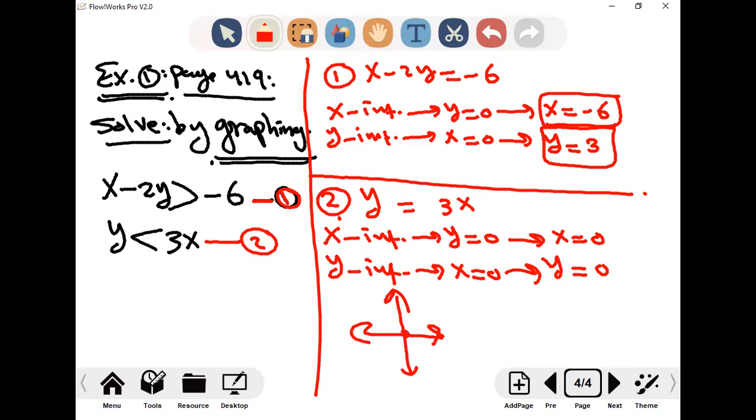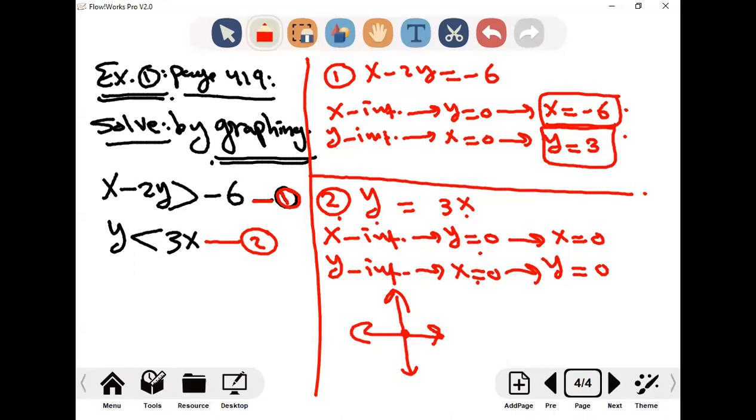So we have one point, not two. But to make a line, we need at least 2 points. Here I have x 0, y 0, only one point. So to avoid this confusion, I will guess any value for x or any value for y, not only 0.